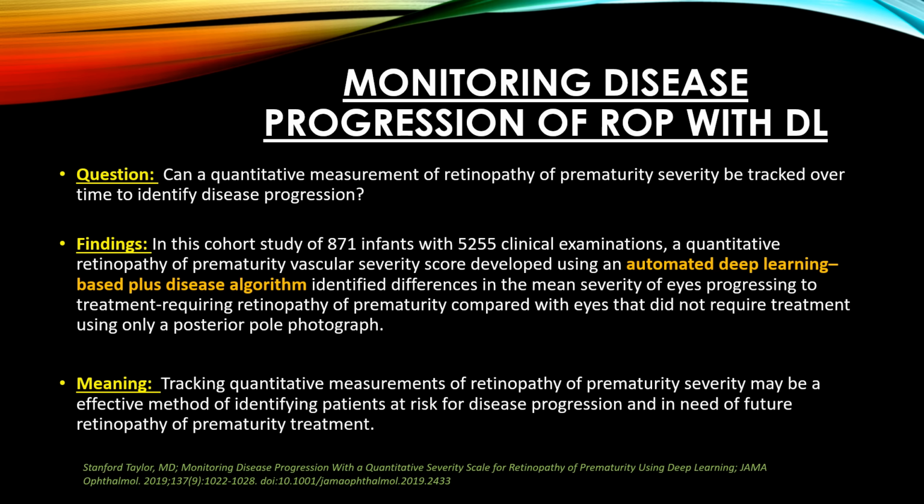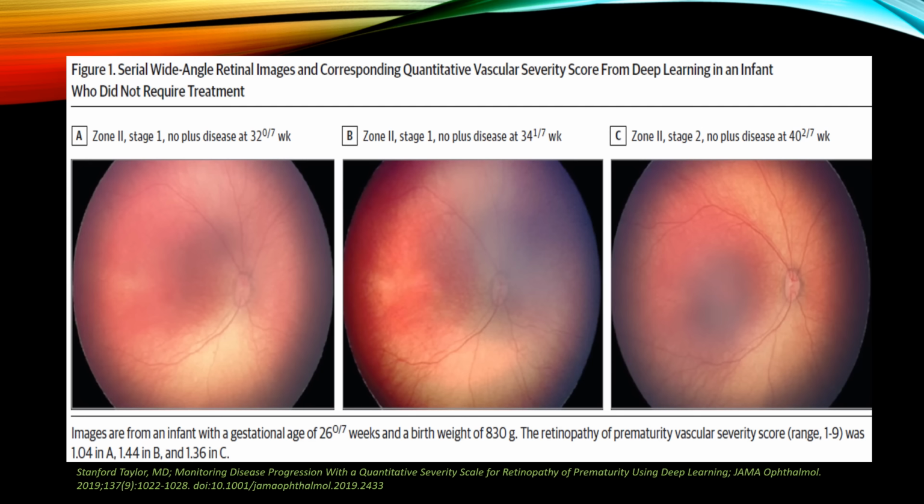Meaning that is, tracking quantitative measurements of ROP severity may be an effective method of identifying the patients at risk for disease progression, and hence those ones only which need future ROP treatment.